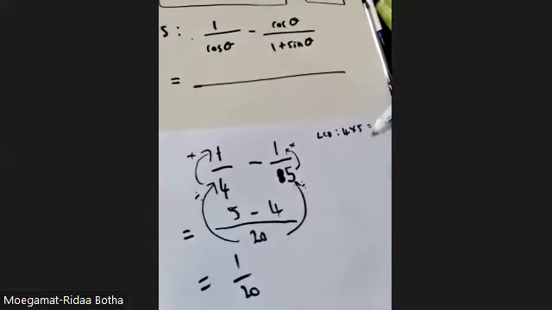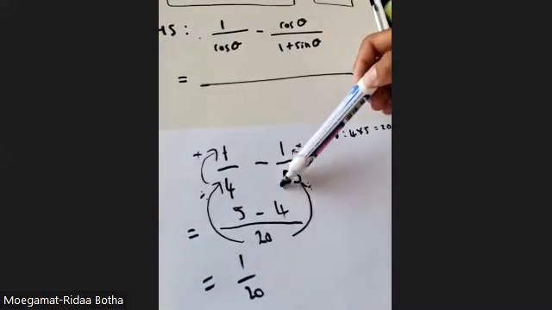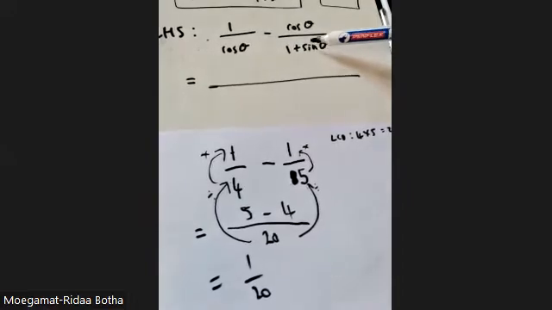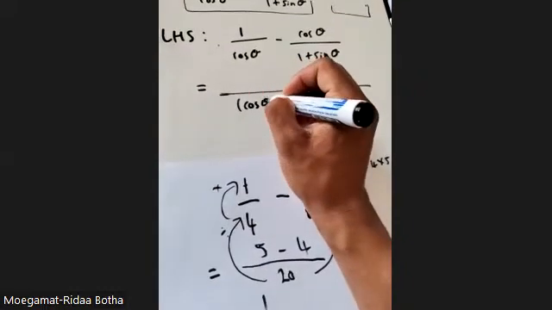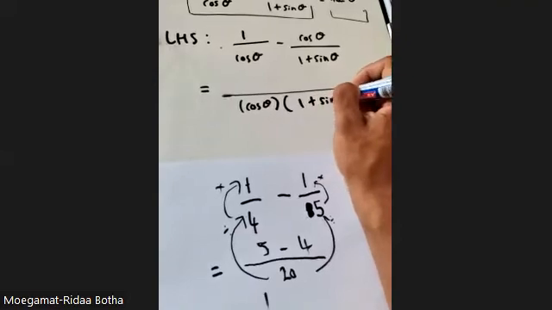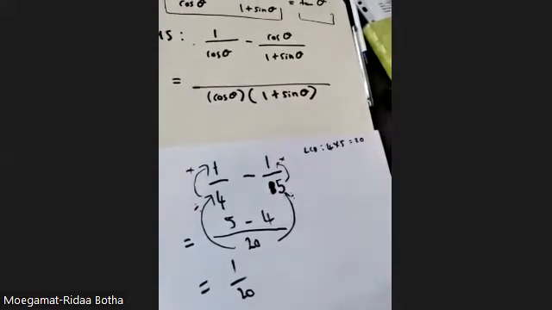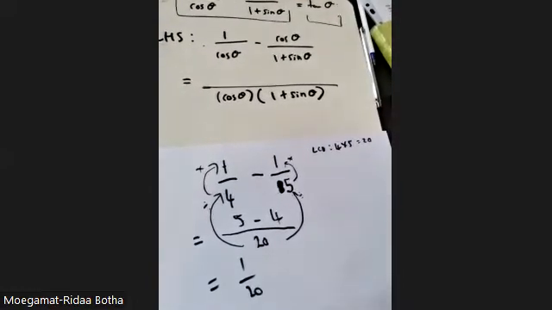We multiplied the denominators. You see, 4 times 5. So that's like the 4 and that's like the 5. You understand? So what we're going to do, we're going to say cos theta times 1 plus sine theta. Do you see that? So that's my LCD.